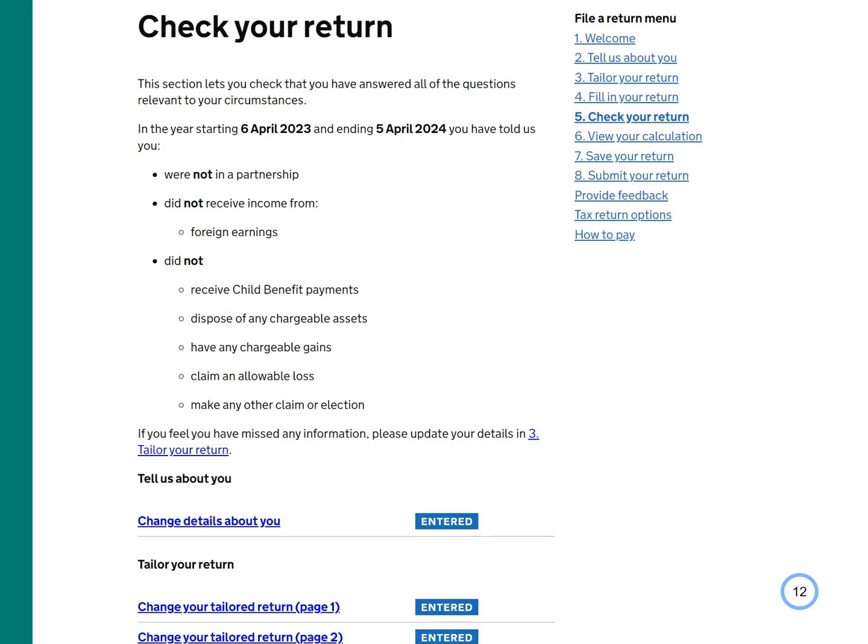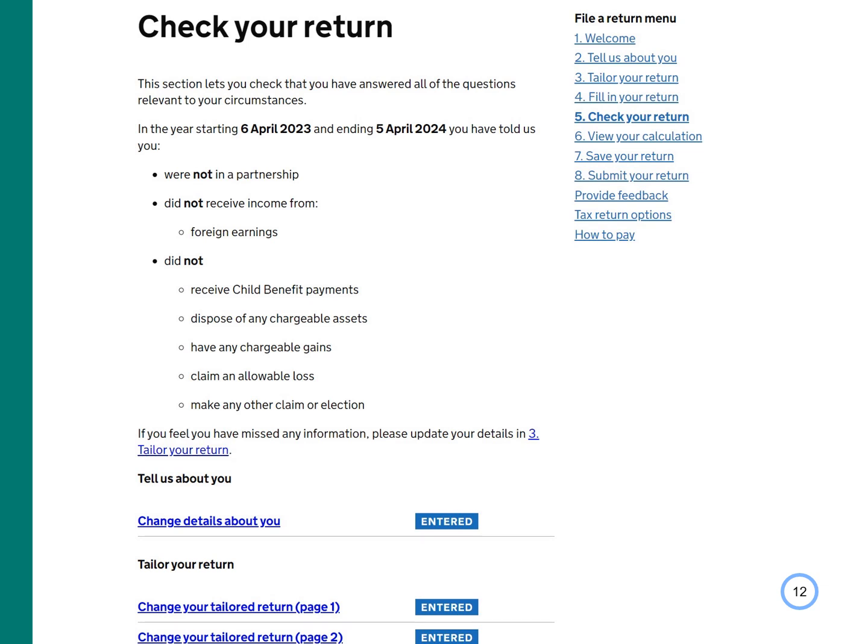Before we look at what is included in your tax calculation, I'll just remind you about the Check Your Return page of the online tax return. When you've made all your entries on the tax return, the Check Your Return page gives you a list of the types of income you said you did not have. It also lists all the sections you've completed on the tax return.